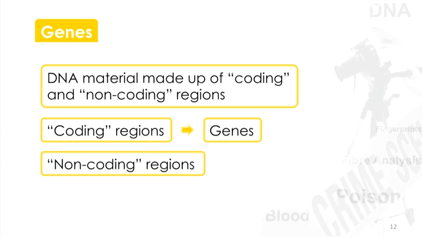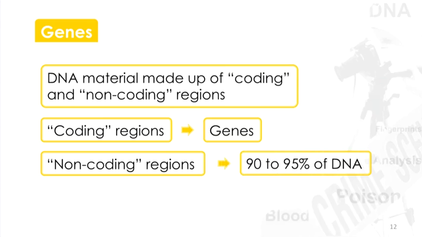The non-coding region is a lot of your DNA, 90 or 95%. Why do we have it? We don't really know, but it's there. It's often referred to as junk DNA. Presumably it has a purpose, but we don't really know what it is, so we call it junk DNA.